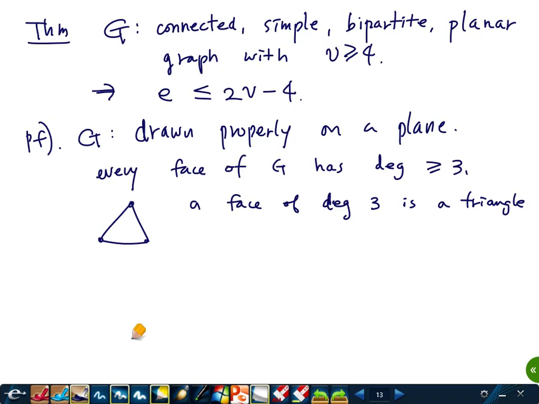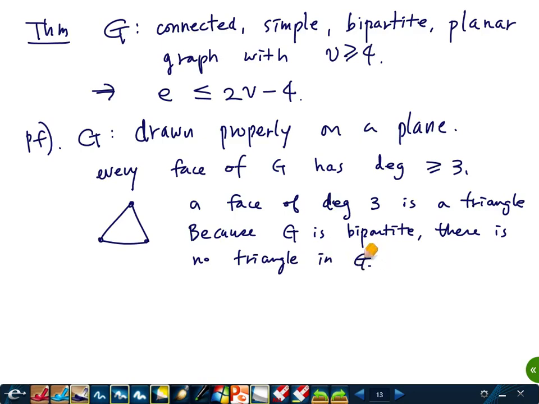In a bipartite graph, a triangle is impossible. Because G is bipartite, there is no triangle.